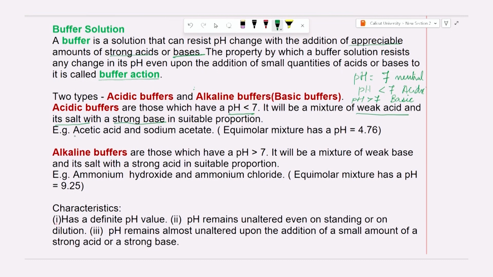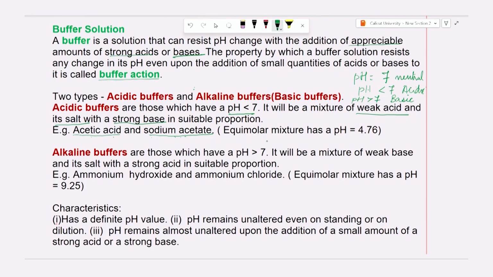An example is a weak acid, acetic acid, and the salt should be sodium acetate, where sodium comes from a strong base, sodium hydroxide, and acetate comes from acetic acid, which is a weak acid. Now, we have a weak acid and a salt. The salt should be from a strong base, and the acid can be weak.